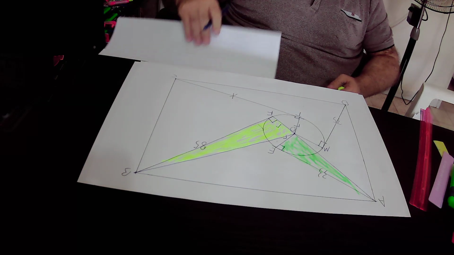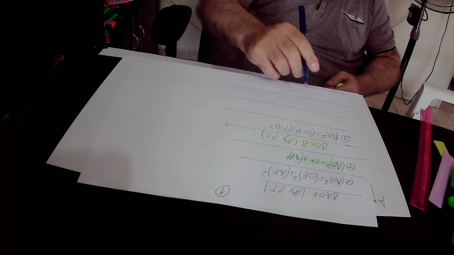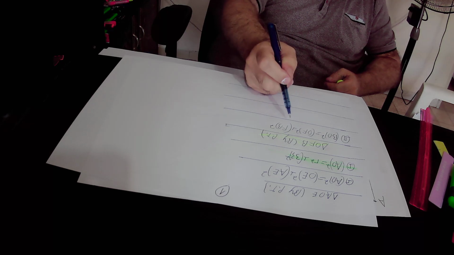So I found out that according to the Pythagoras theorem, in the yellow right triangle, BO square equals OF square plus FB square.